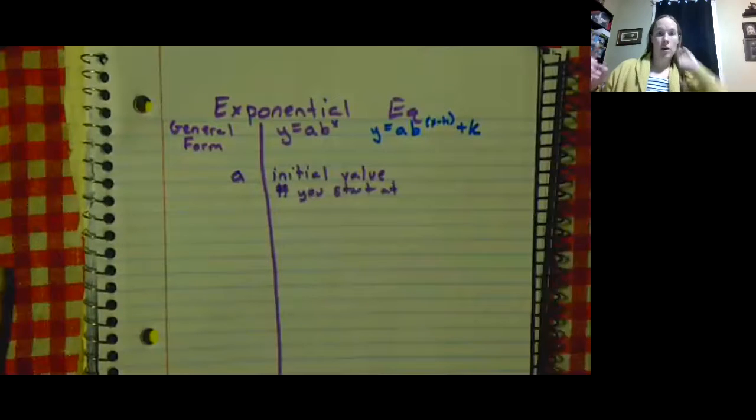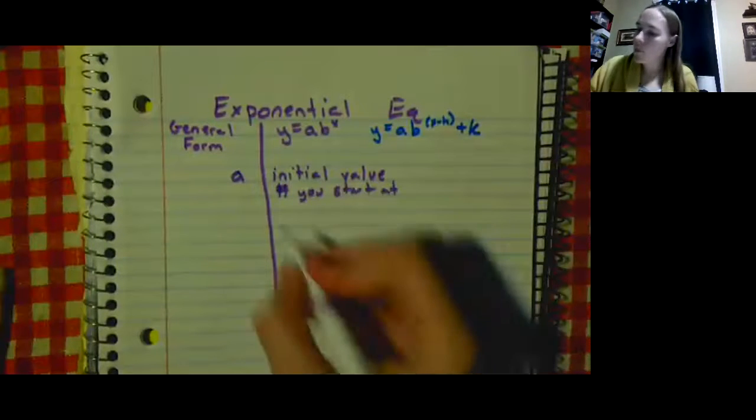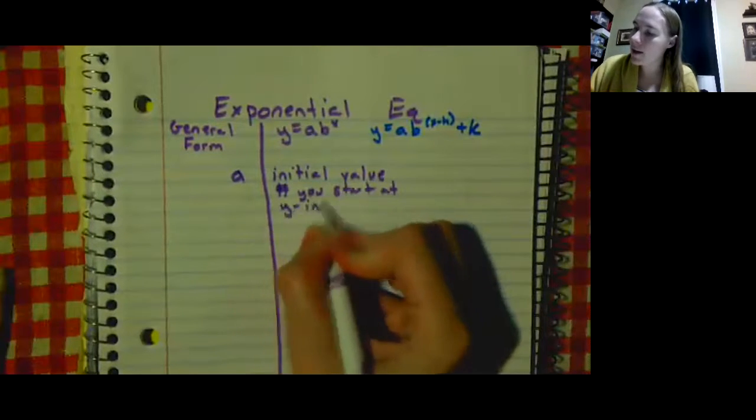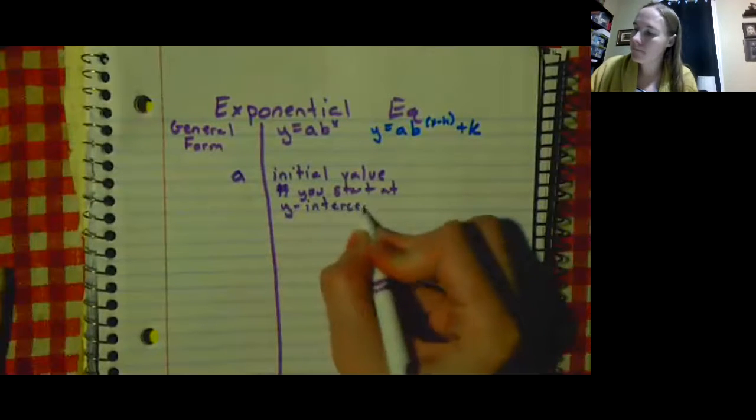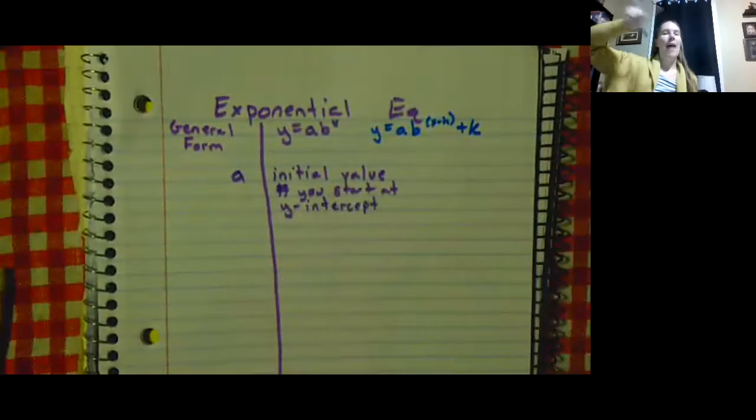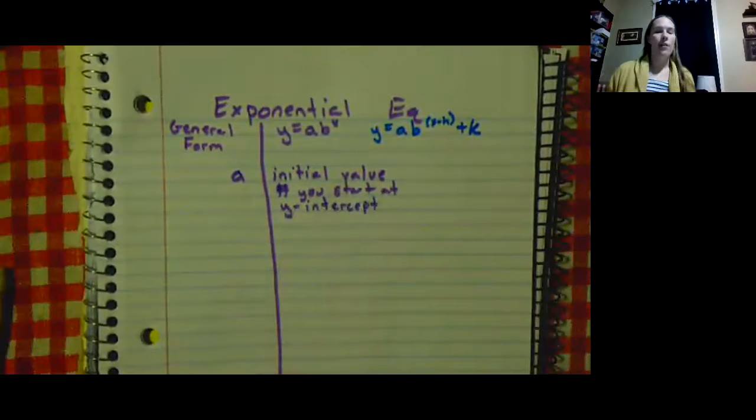Which is also, when we were looking at our graph, our y-intercept. So it's where we hit at that y. So those are all the things that our a represents.